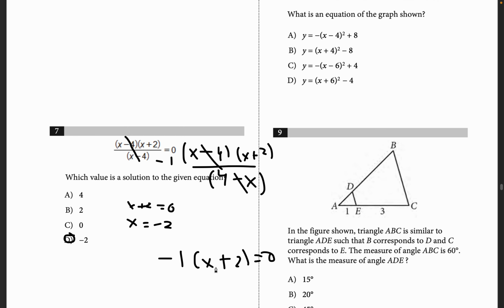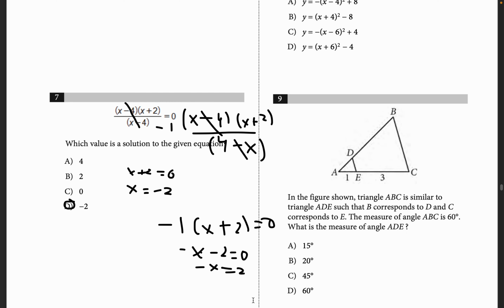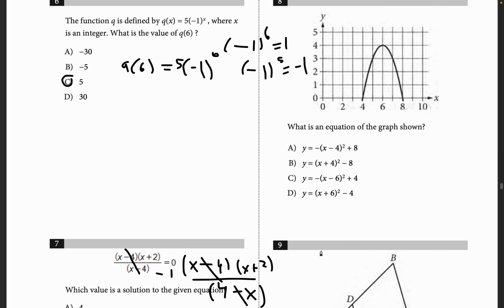And then you distribute it out. Let's just do it. Negative x minus 2 equals 0. Negative x equals 2. Get negative 1. So you would actually get the same answer, x equals negative 2. You could also get the same answer in that case.